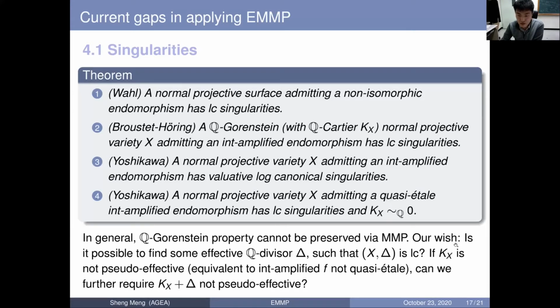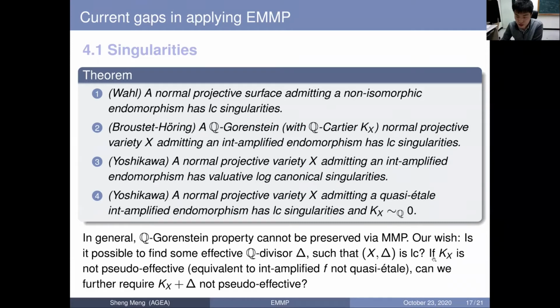So our wish is: is it possible to find some effective Q-divisor delta such that the pair is log canonical? As we saw in case 4, the Kodaira-type condition is equivalent to the canonical divisor being pseudo-effective.